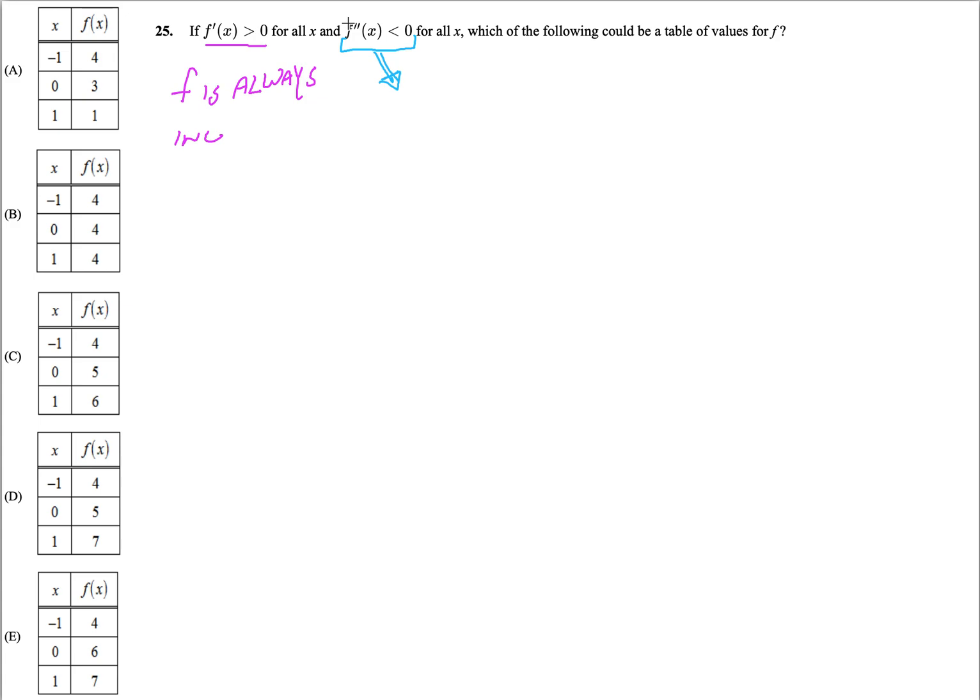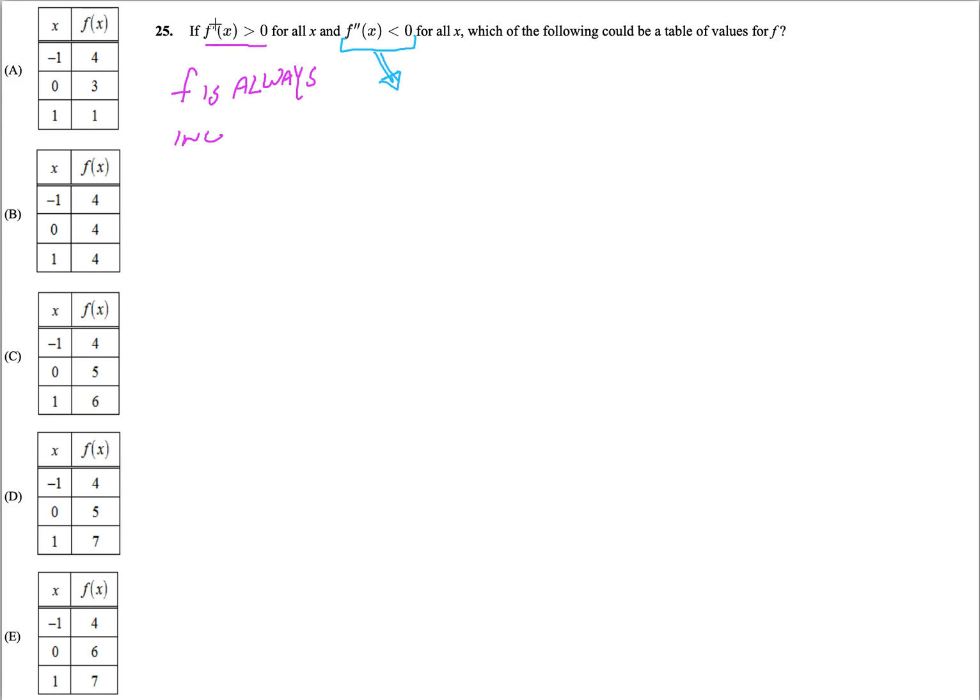If instead of saying f prime we call that f of x, then f double prime would just be f prime, right? And it's saying that the derivative is decreasing, and that's true. The derivative of this function is going to be decreasing.